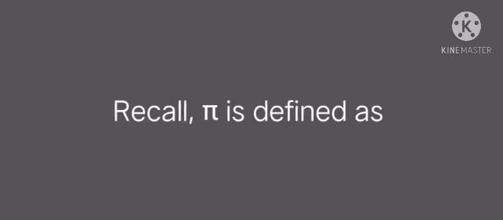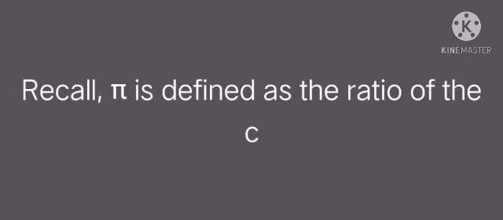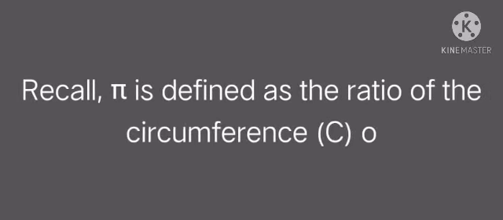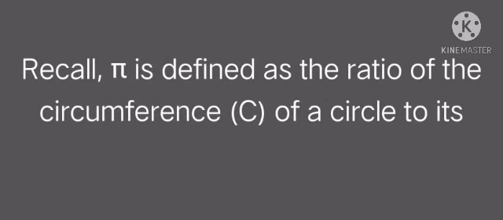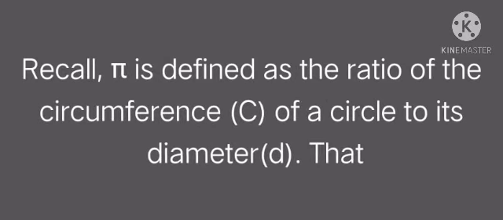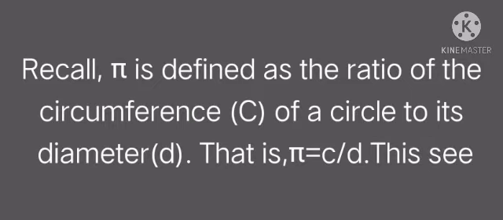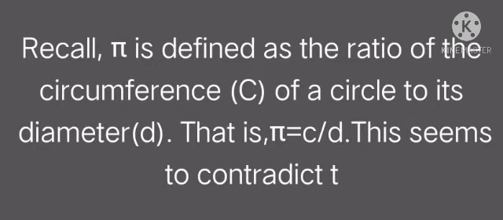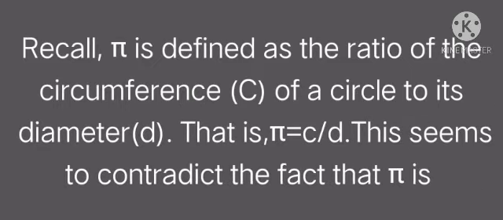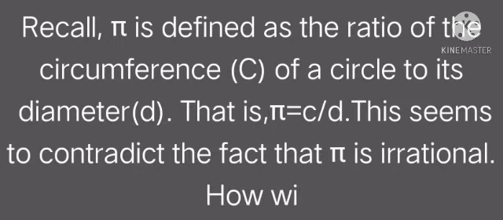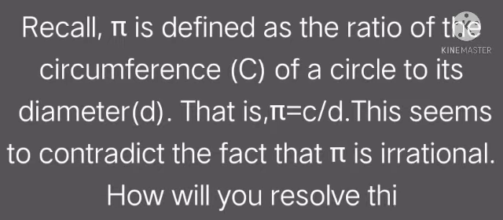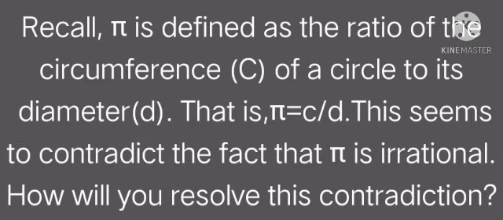Now exercise 1.5, question number 3. Recall pi is defined as the ratio of the circumference, say C, of a circle to its diameter d. That is pi equals C by d, which you already studied in lower classes. This seems to contradict the fact that pi is irrational. How will you resolve this contradiction?